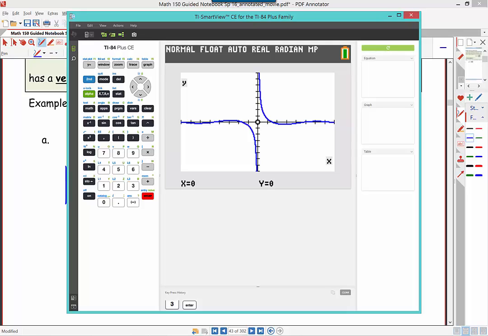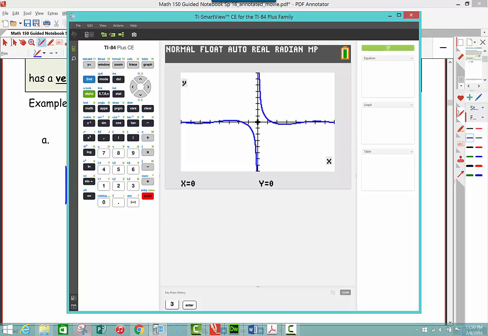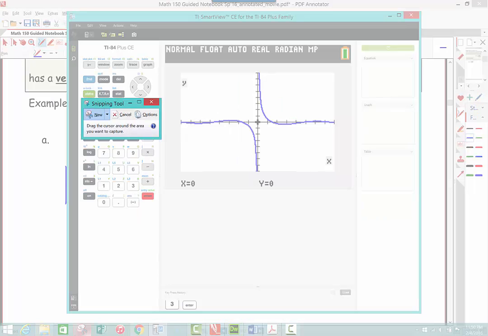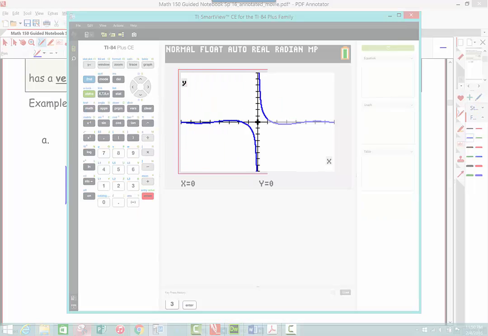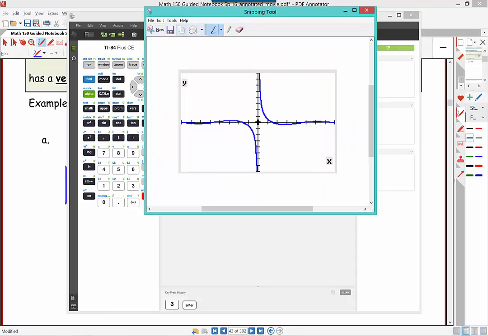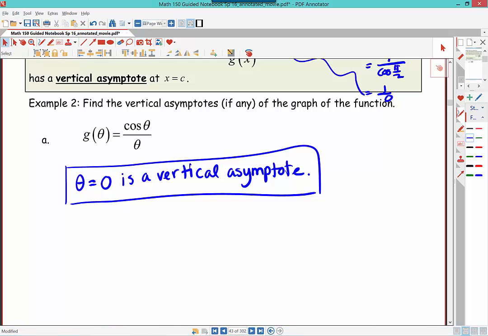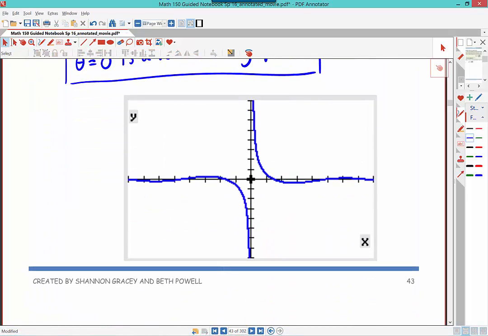So let's get a picture of that one and paste it here. Okay? Good so far? And here's our vertical asymptote right here at theta is 0.